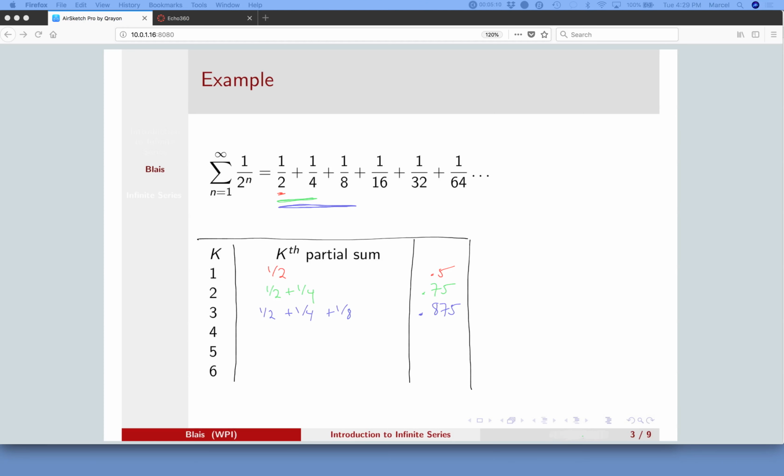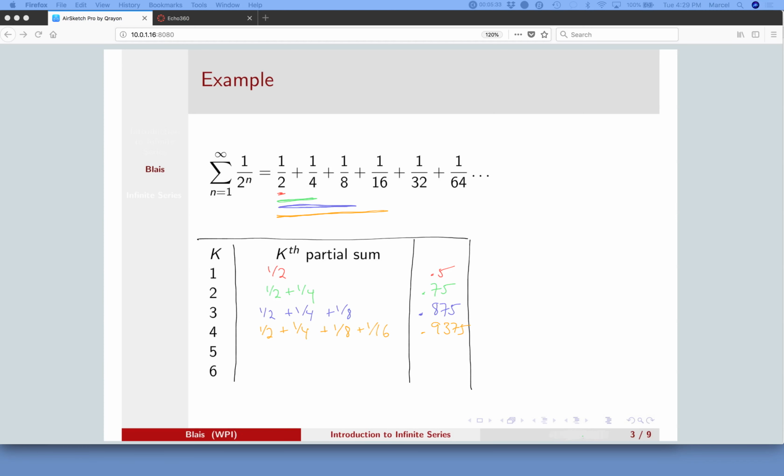Let's go a little bit further. Our fourth partial sum of these four terms, so a half plus a fourth plus an eighth plus a 16th, that is 0.9375.